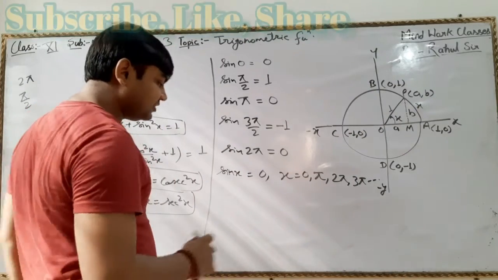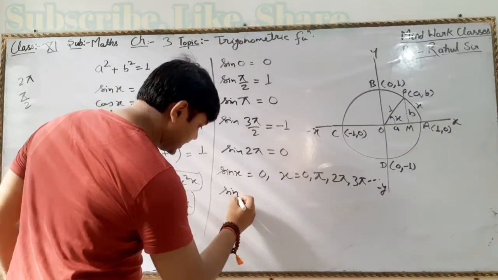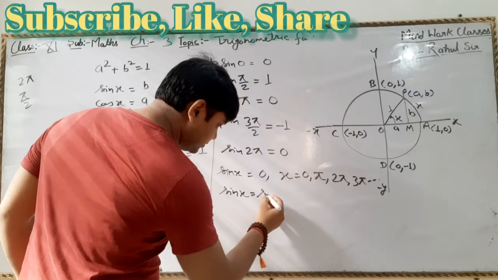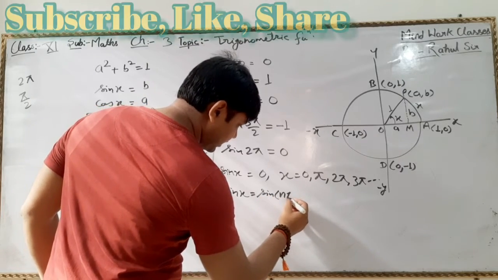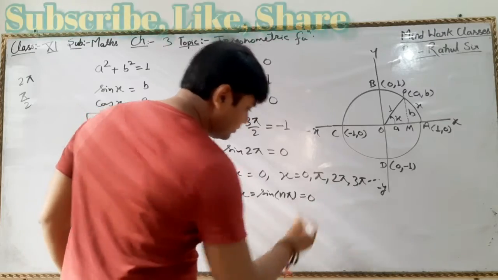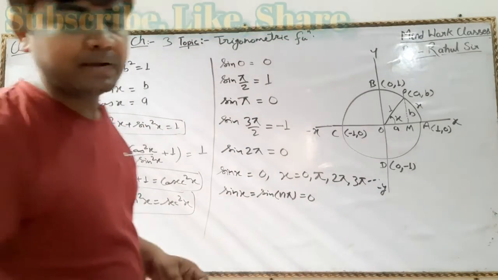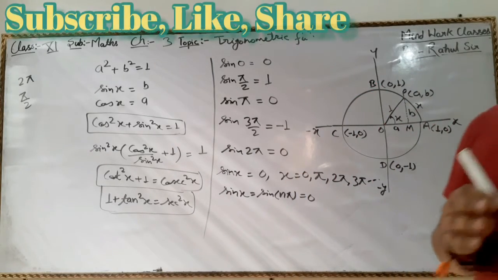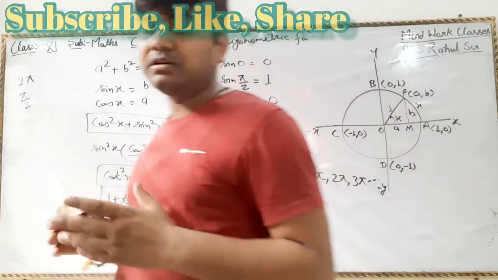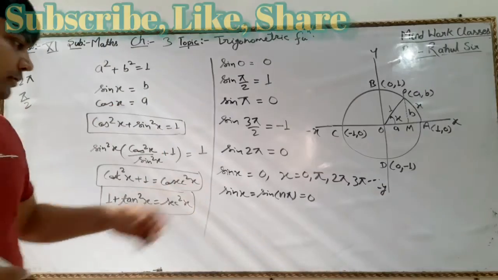So we can say that sin n pi is equal to 0. That means whatever the value of n, the value of this function will be 0.